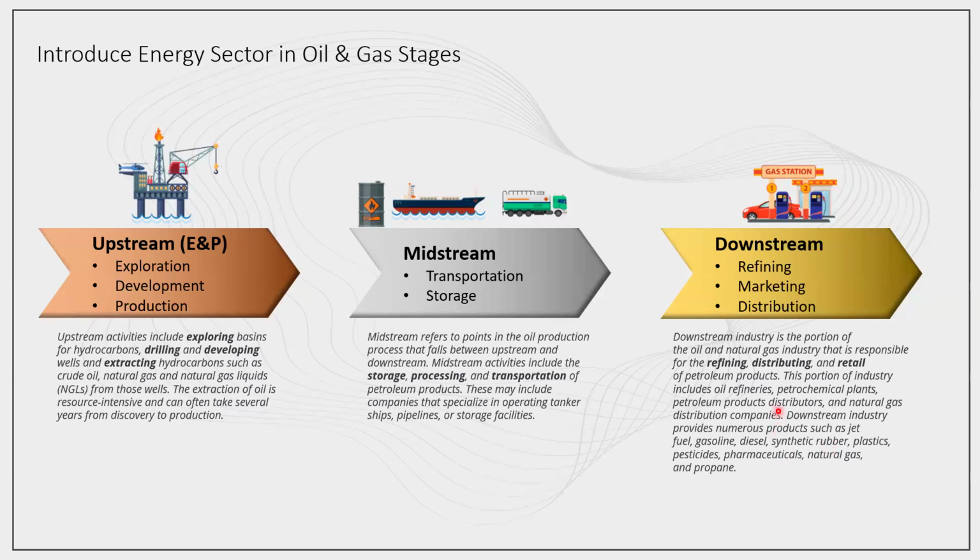So it includes the distribution of all the products coming from the hydrocarbon, either oil or gas. For our discussion today, we will mainly focus on the upstream, which is the exploration, development, and production.